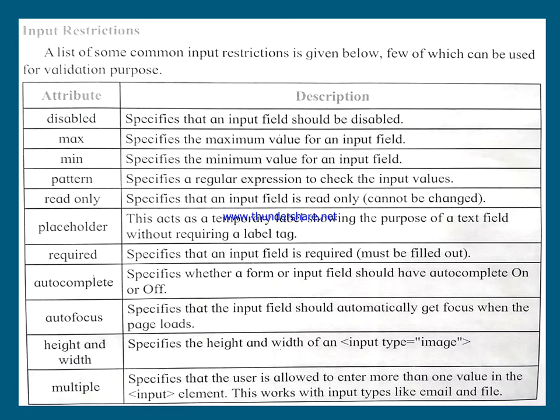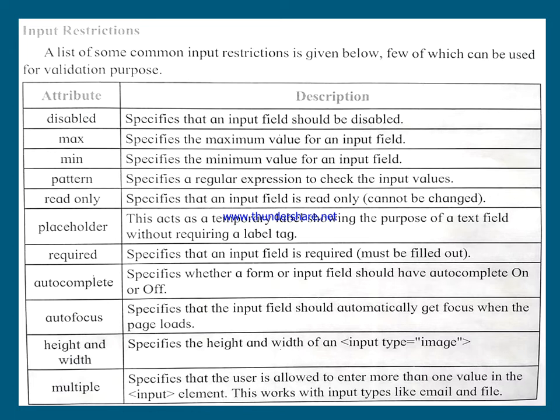Then definitely the autofocus attribute should be written inside the fourth text box. Next is height and width. It specifies the height and width of an image. This height and width will be used with the image element of a form. And the last one is multiple. It specifies that the user is allowed to enter more than one value in the given input element.